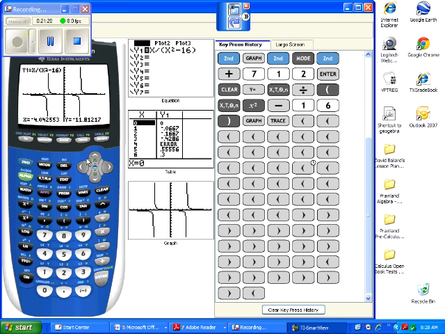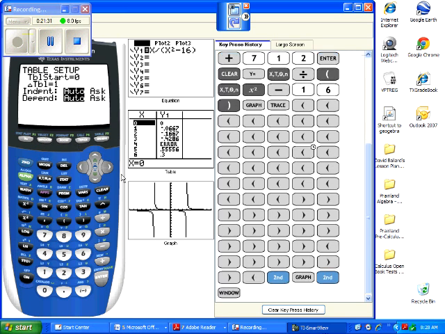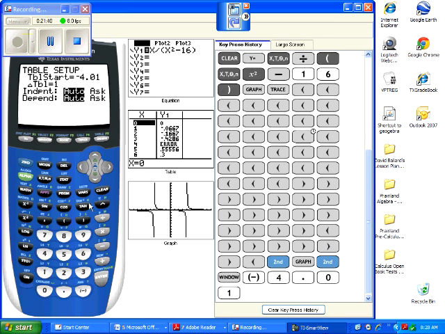Well, let's say we want to get a little closer. Let's go to second table, and we want to approach -4. Let's go to second table set, and I'm going to start at -4.01, and I'm going to make my table change 0.001.